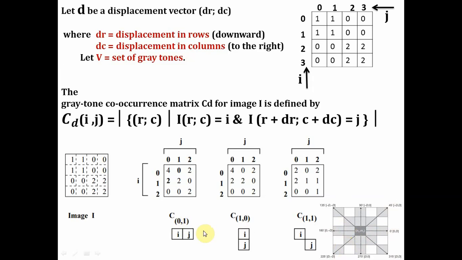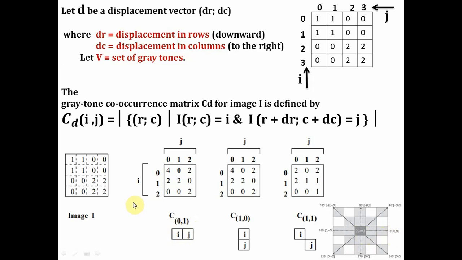So 0 1 represents d, 0d, with the angle 0 degree. You need to consider the horizontal orientation, from left to right, going in the 0 degree direction for the parameters like 0d, 0 1.